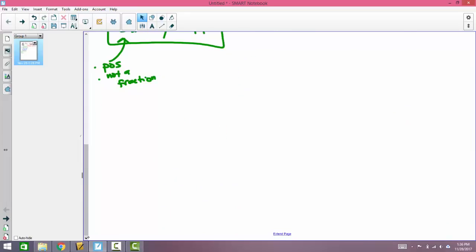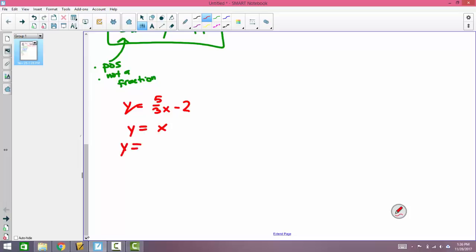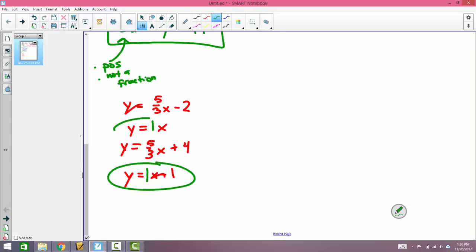I'm going to give you a list of equations, and I want you to tell me which ones are parallel. So y equals 5/3 x minus 2, y equals x, y equals 5/3 x plus 4, and y equals x plus 1. So hopefully you're thinking this is a slope of 1 because it's a solo x, so these two are parallel.